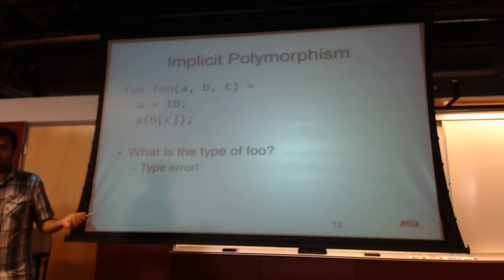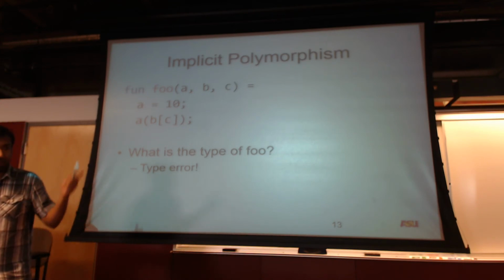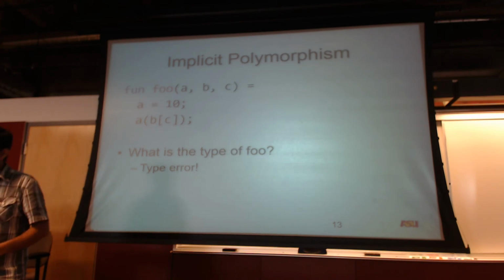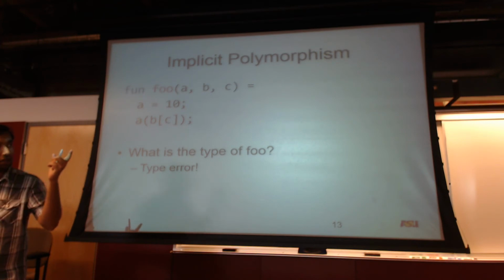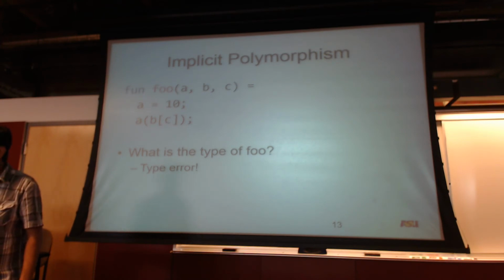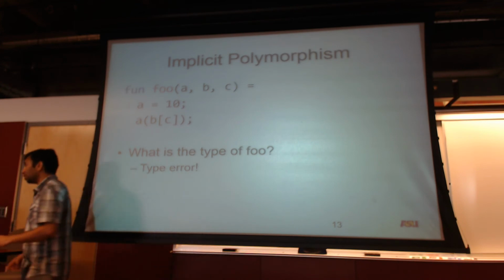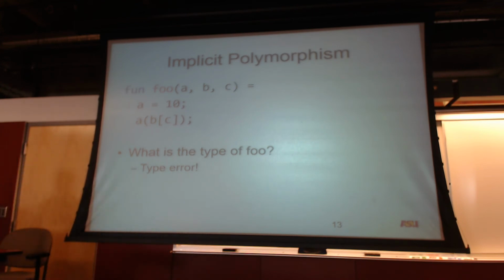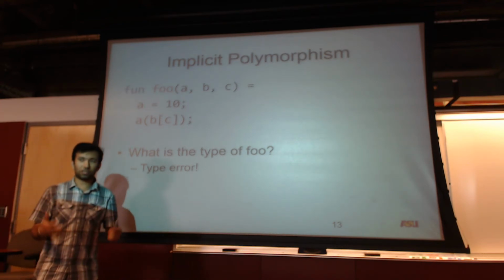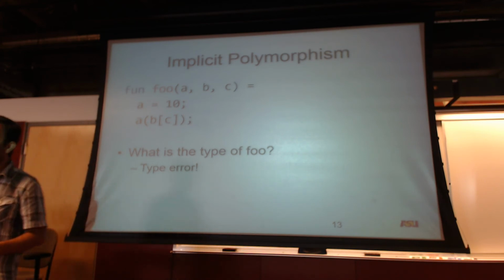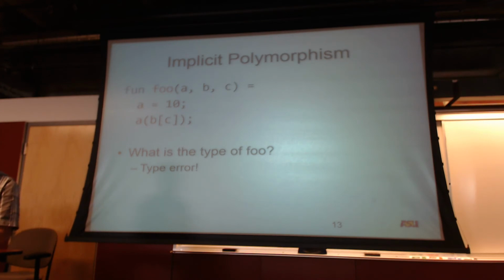We don't have to declare A as an int. By just writing the code, we can make out that this is a type error. So again, that is another example of implicit declaration, or implicit polymorphism. So now here what we see is that even if you do not explicitly declare types of variables, we can look at the code, follow certain rules and identify types.